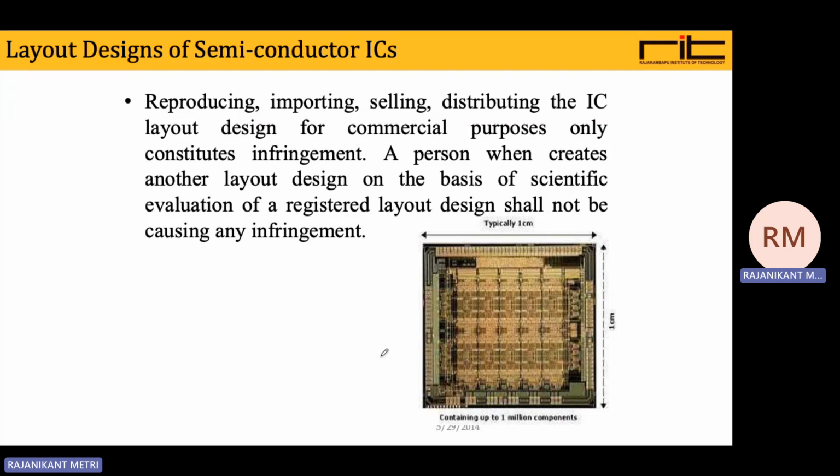So if some registered semiconductor layout is there, and some other person reproduces, imports, sells, distributes that layout design for commercial purpose, then it leads to infringement. A person who creates another layout design on the basis of scientific evaluation of a registered layout design shall not be causing any infringement.